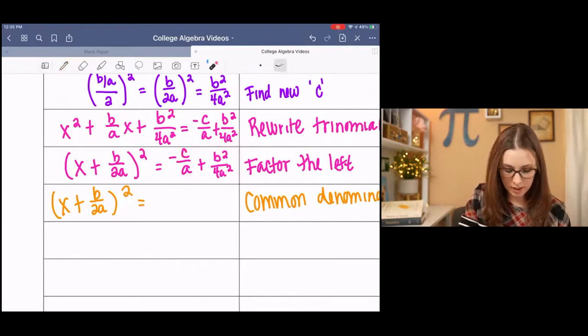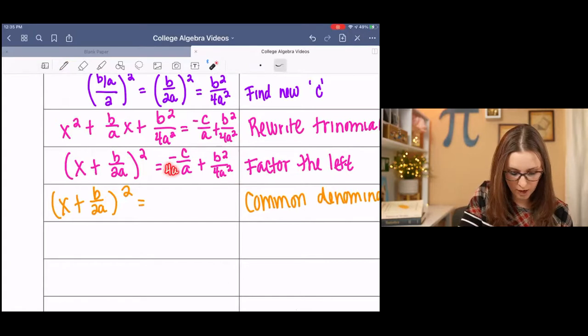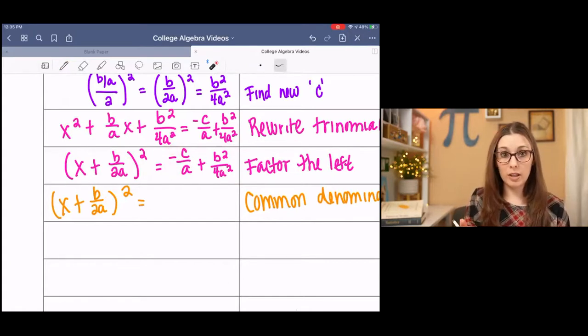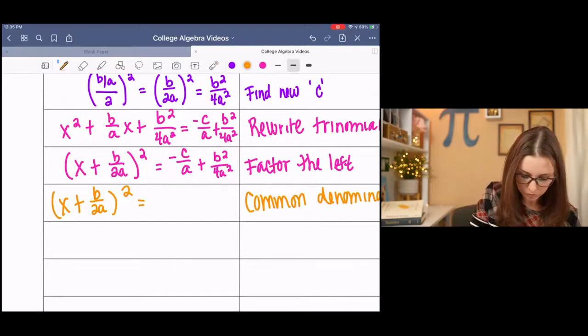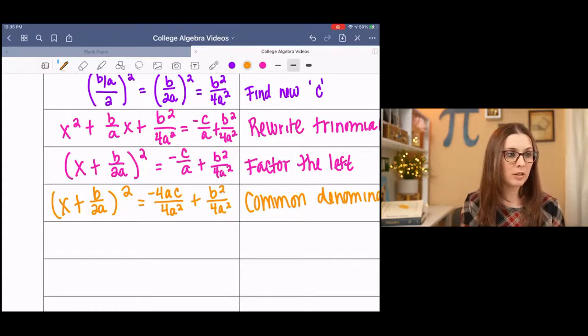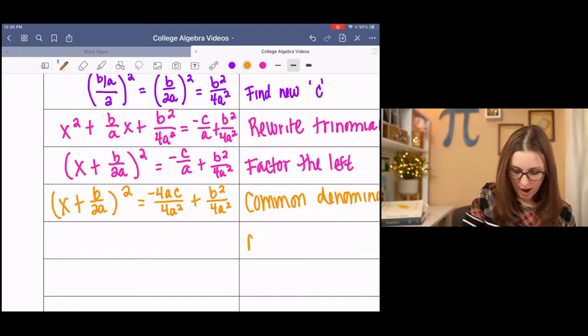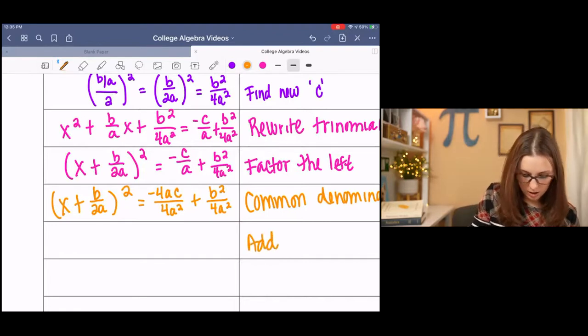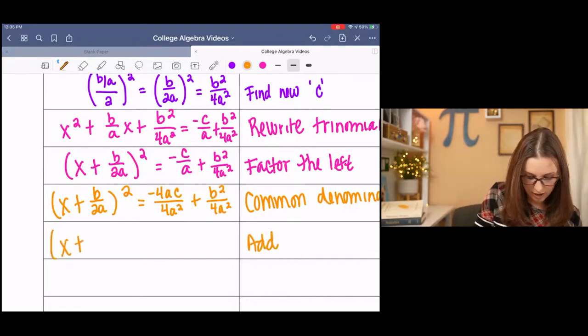So now all it needs is to be multiplied by 4a so that I have 4a squared in the denominator. So I've got negative 4ac over 4a squared. And then this one has everything it needs, so we're just going to leave it. And then I'm going to add the two fractions now that they have a common denominator.